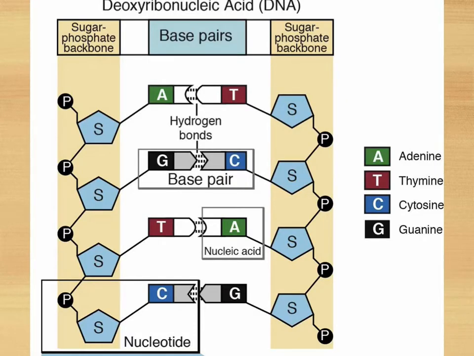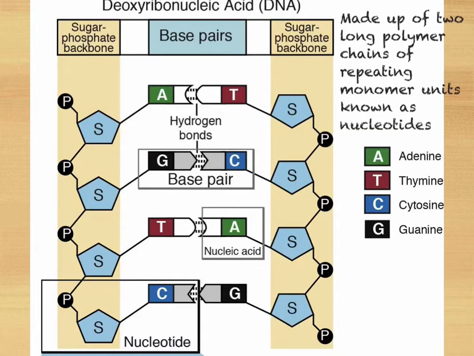Here we can see the base pairing that is going on in the helical structure in more detail. DNA is made of two large polymer chains of monomers called nucleotides. So our nucleotide here is our monomer. Running down each side, we have our two long polymers.